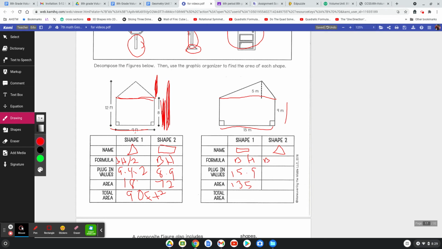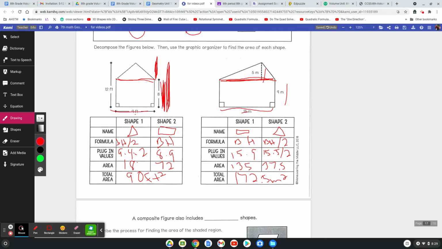It's base times height divided by 2. So if I plug the values in, this right here I know is 15 because of that 15. The height is 5. So 15 times 5, then I'm going to divide by 2. So I get 37.5. When I add those two together, I get 172.5 meters squared.